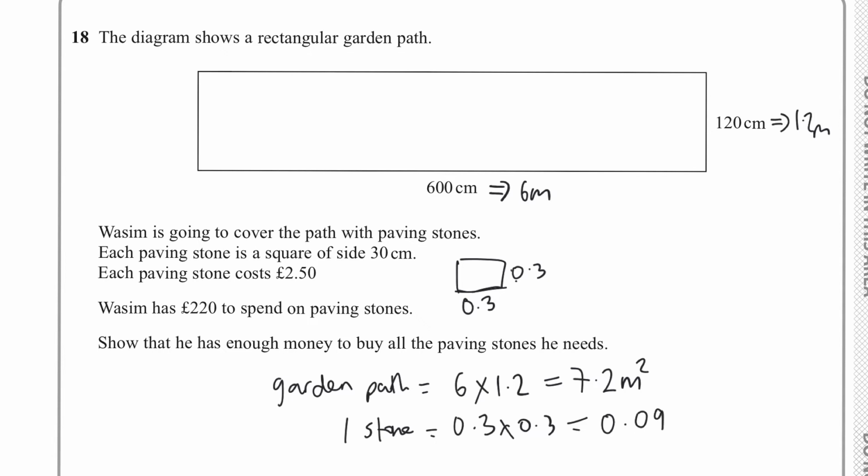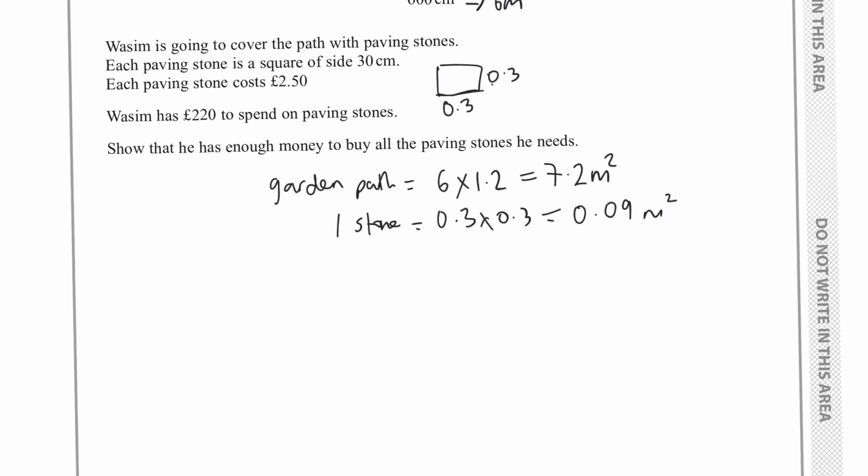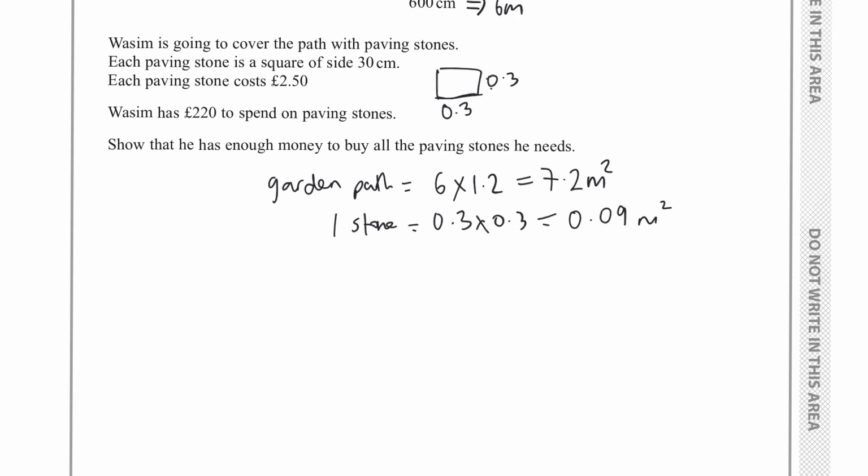Okay, so now that we have that, by the way, this is meters squared. So now that we have that, what we can now do is the area of the garden path divided by the area of the one stone.